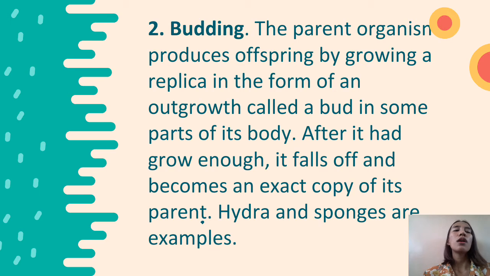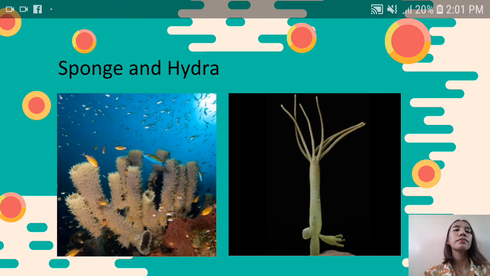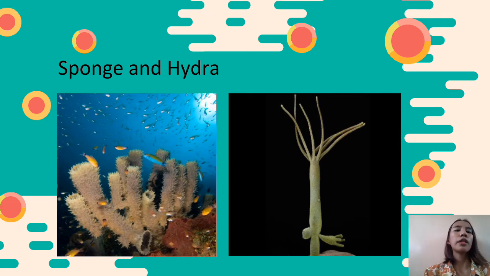Okay, so the example of this is hydra and sponge. This is the sponge, this is the hydra, and they undergo the process of budding. So the smaller one is what we call the bud.